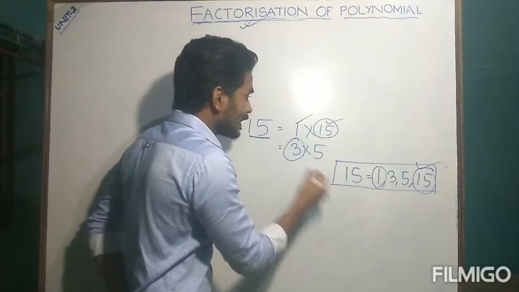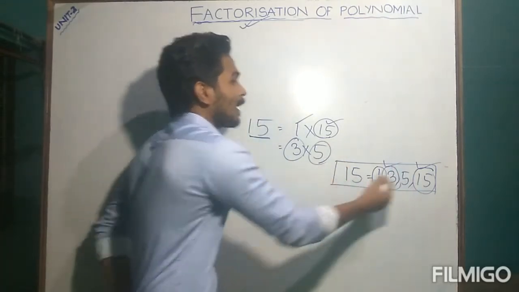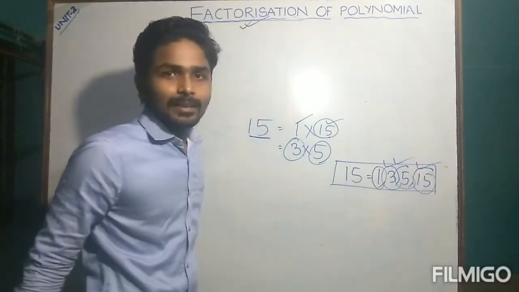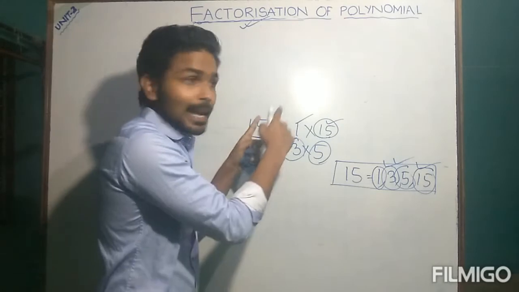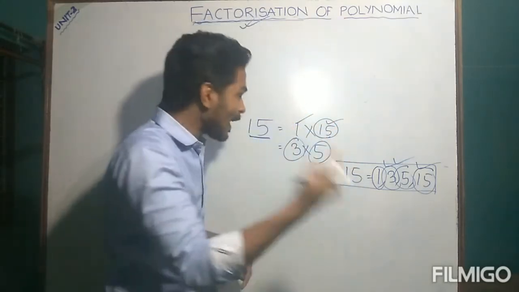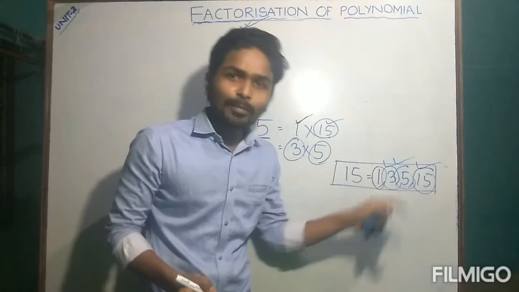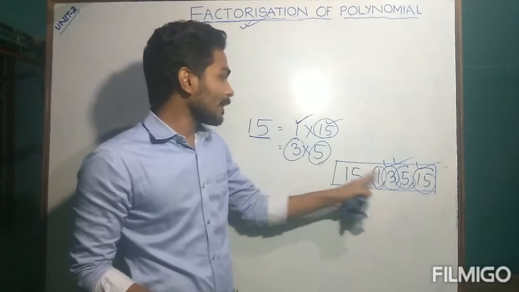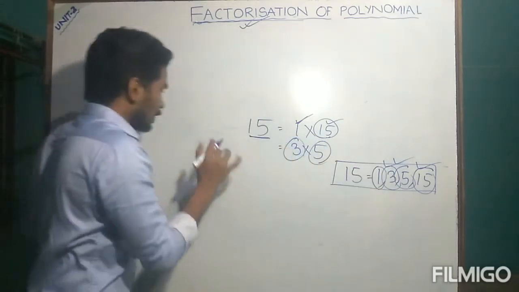Here you get 3 and 3 is also a factor of 15. Here you get 5 and 5 is also a factor of 15. That means a number can be expressed as the product of its own factors. Why? Because 1 is its own factor, 15 is its own factor, 3 is its own factor and 5 is its own factor.